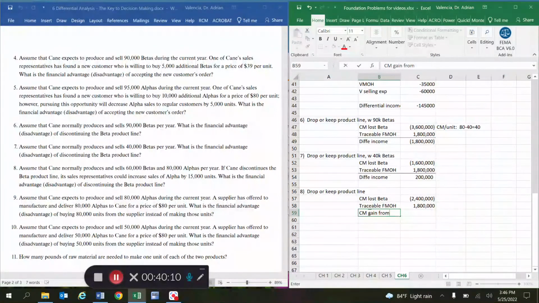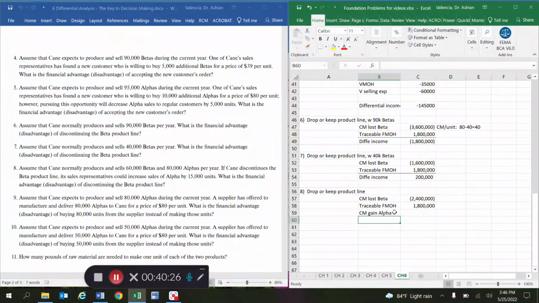So I'm going to put here alpha, because supposedly by us taking on this decision of getting rid of the betas, we can sell 15,000 additional alphas.